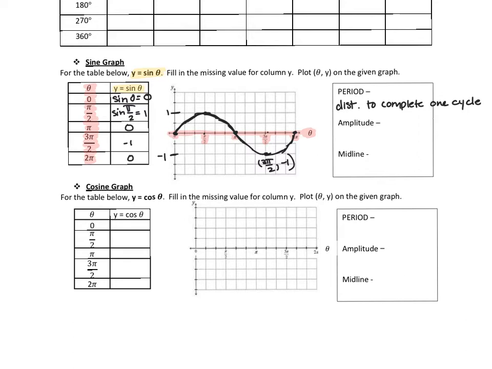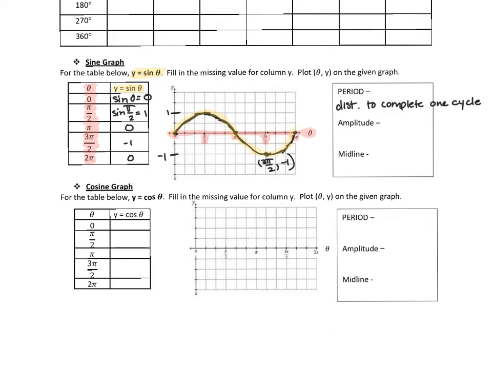You started at 0, 0, you went up to 1, back to 0, 0, down to negative 1, and then back to 0, 0. Highlighting our movements. My period was from 0, 0 up to 1, back to 0, 0, from 0, 0 down to negative 1, and then from negative 1 back up to 0.